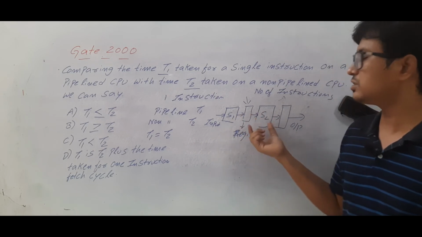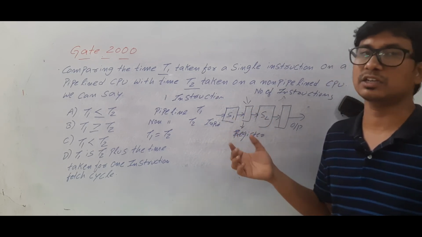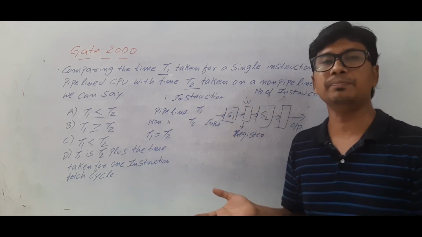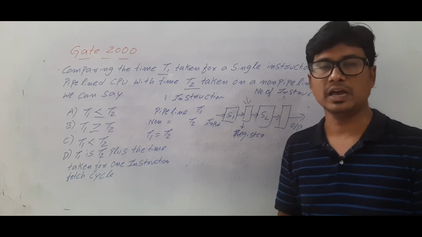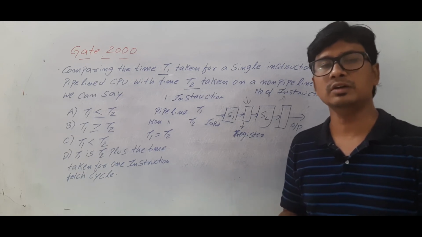So if you execute a single instruction using a pipelined architecture, it is different; if the number of instructions is more, then the pipelined architecture will be better compared to the non-pipelined architecture. Why did we introduce the pipelined architecture? To improve the performance of the processor.